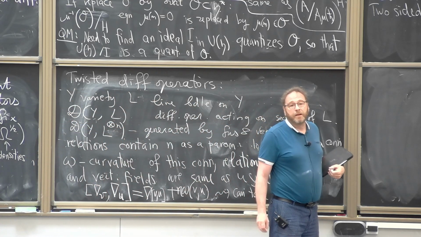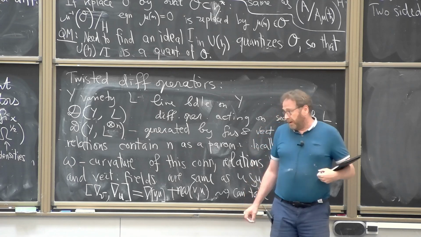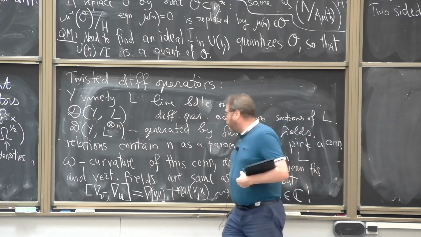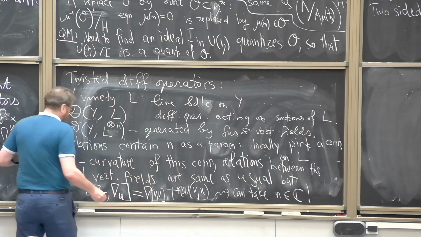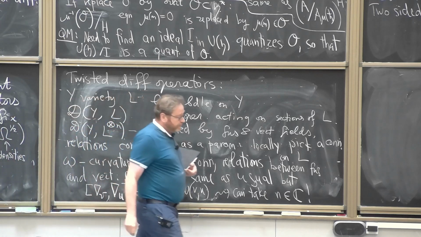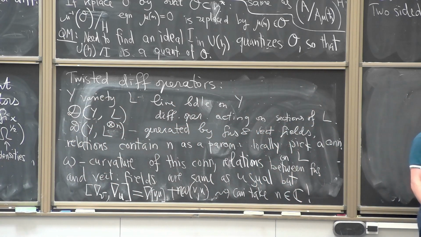Yeah. Like if you have a global connection on the bundle, for example. Suppose this is an affine variety. Then there is always a global connection, because the obstruction to constructing a connection lies in H1 of a coherent sheaf, and this vanishes on an affine variety.